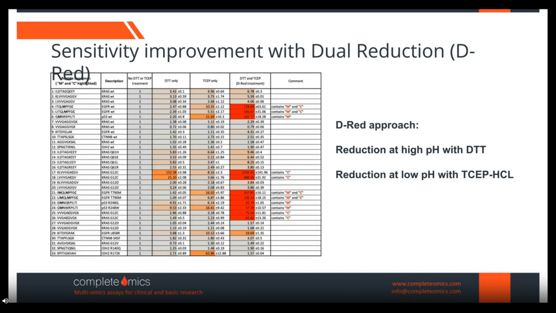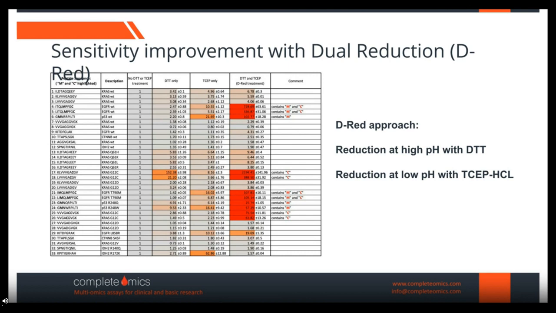So in order to make sure that all the chemically unstable peptides are detectable, we developed another approach, which is called dual reduction. This approach includes a reduction event at high pH with DTT. And then before we send the sample to mass spec detection, we reduce the sample again at low pH with TCEP.